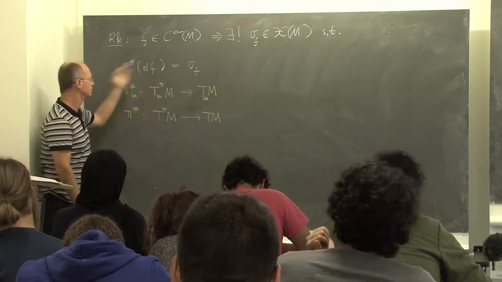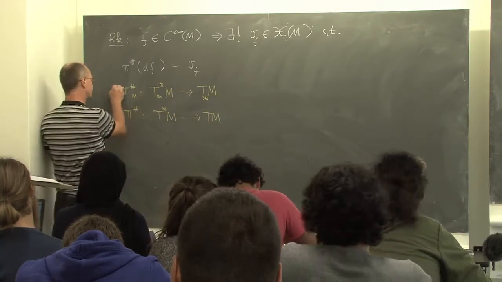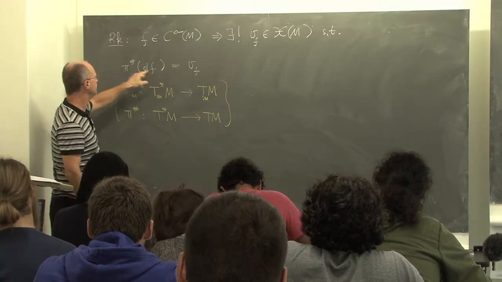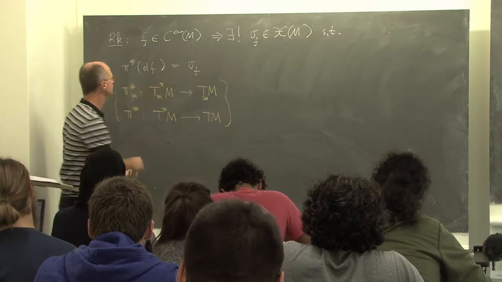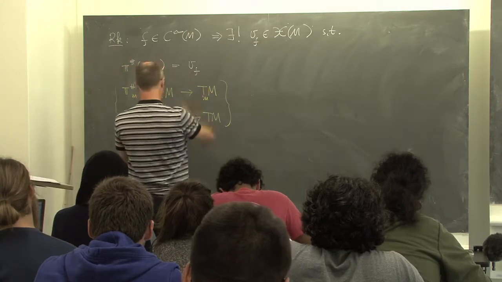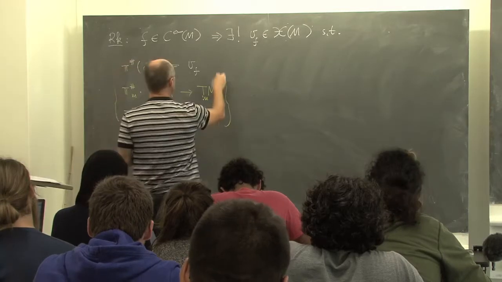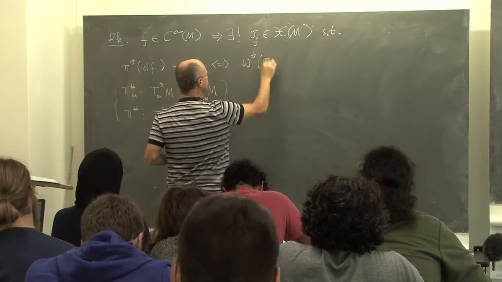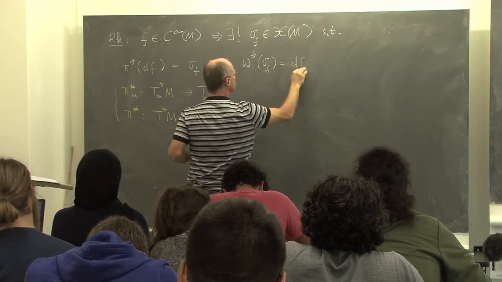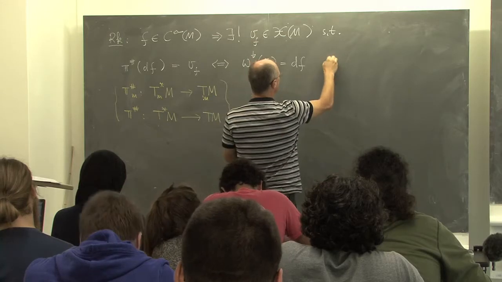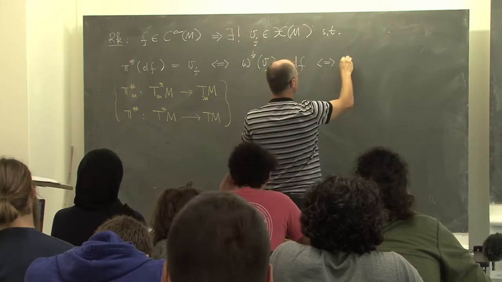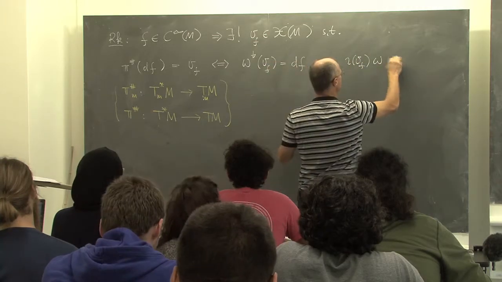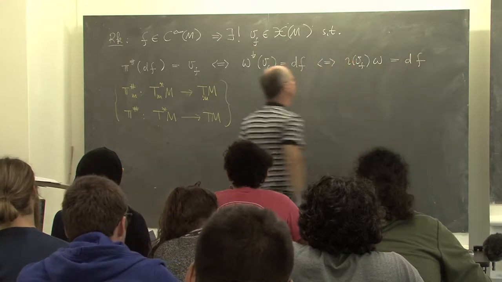Now let's just unify all of them into the notation pi sharp. So pi sharp of the differential of f is equal to this vf, which is of course the same as omega flat of vf is equal to df. This is just writing it in a different way. So that's the same equation, but sometimes people write it this way.